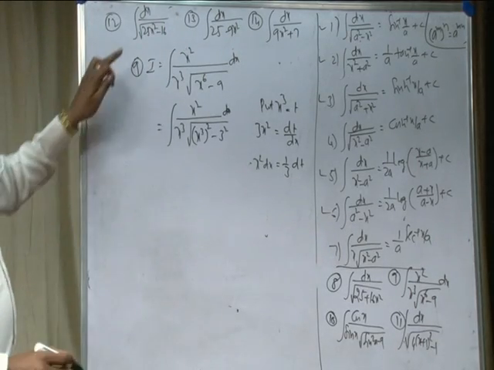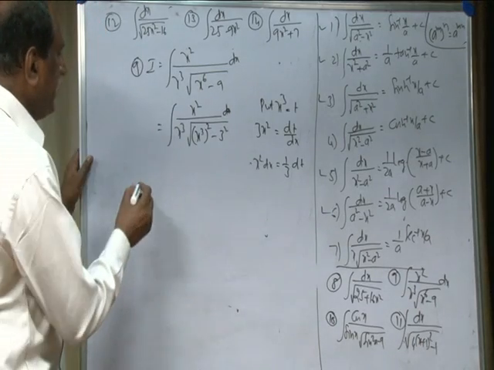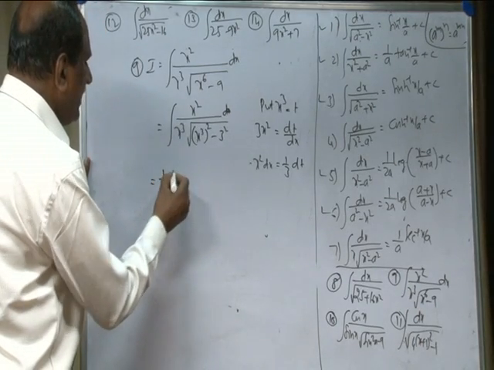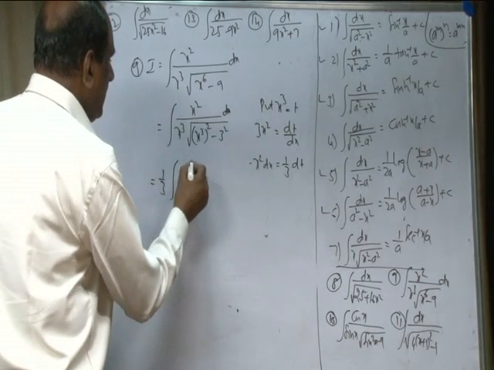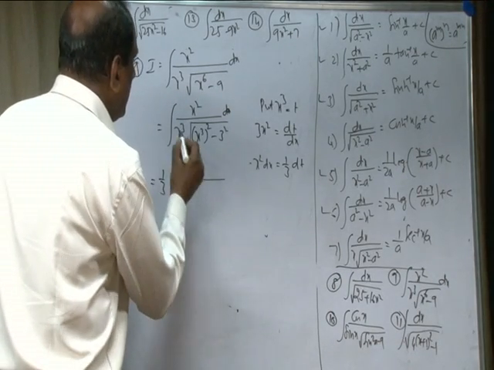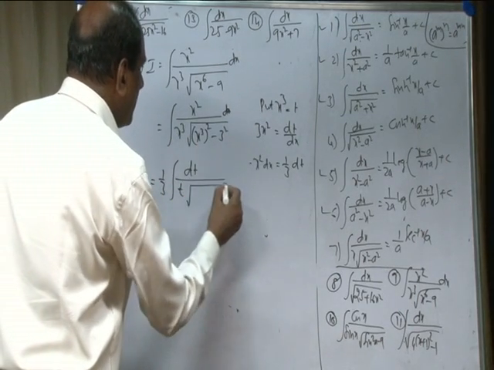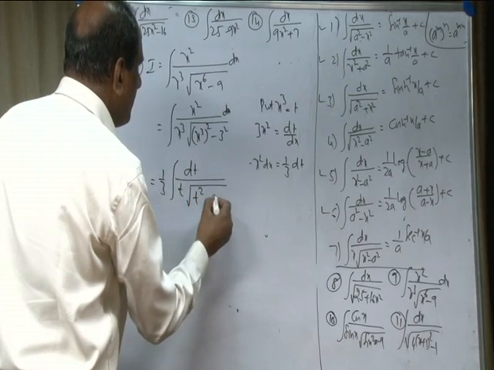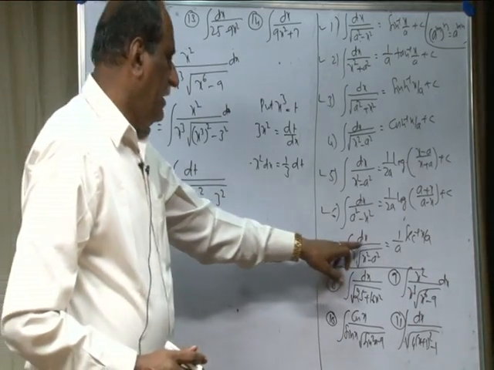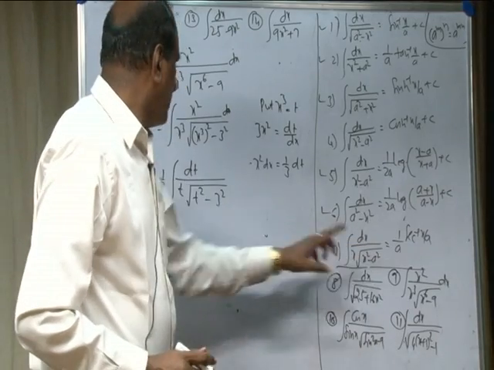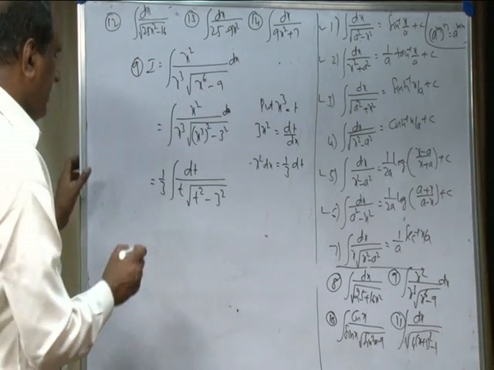After changing the variable from x to t, 1 by 3 is a constant, take it outside, dt divided by, what is x cubed? x cubed is t, into root of t squared minus 3 squared. See here, observe formula number 7: dx by x into root of x squared minus a squared is 1 by a secant inverse of x by a.